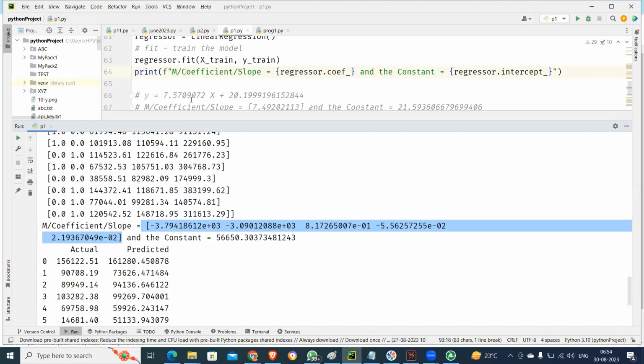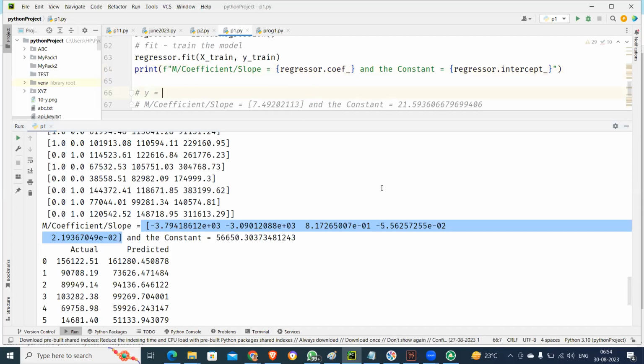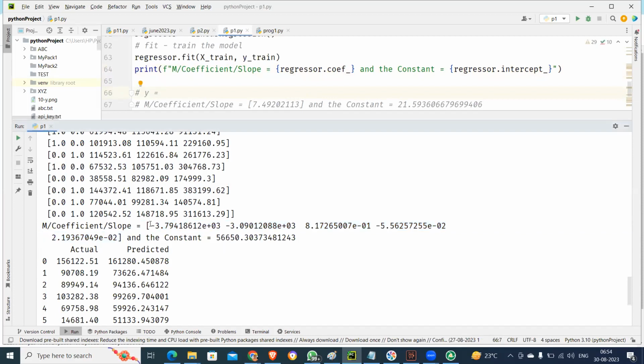So if I go back here, you say y equals minus 3794.2, this is the coefficient, right?